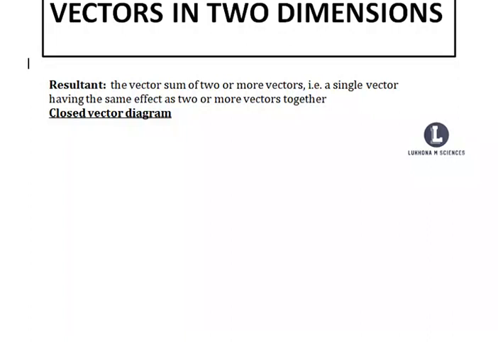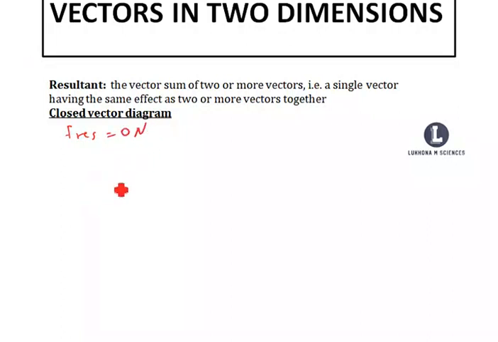A closed vector diagram is a set of vectors that are drawn such that the resultant is 0. That is, F res in a closed diagram will be equal to 0 newtons.